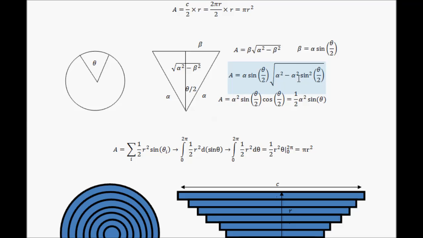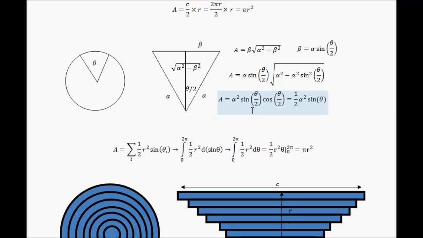Then inside the square root we've got 1 minus sine squared of theta over 2, but we know that 1 minus sine squared of anything is equal to cosine squared of that thing. That's a common trigonometric identity called the Pythagorean identity. So 1 minus sine squared of theta over 2 is equal to cosine squared of theta over 2, and we square root that and we get cosine of theta over 2, so we get this thing.